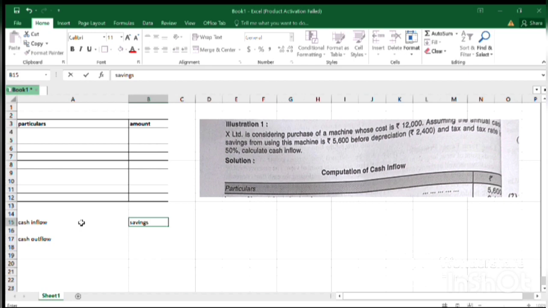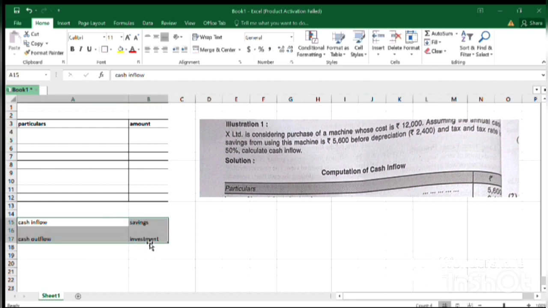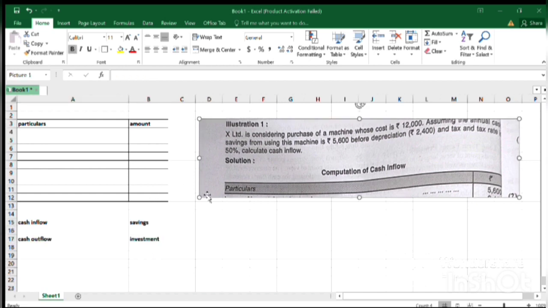It is a kind of income that we are generating from the investment. And the cash outflow is also called our investment, the actual money that we are investing. So these two concepts I think are crystal clear to you.